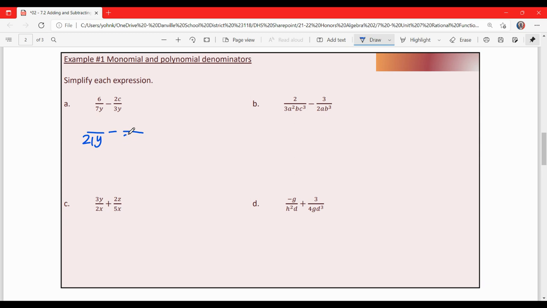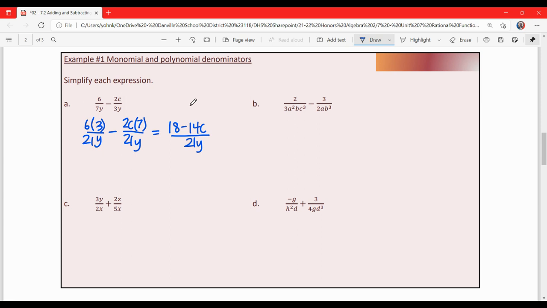That's 21y. So that becomes my common denominator. I'm going to put the 6 there, and then I ask myself, what do I multiply 7y by to get 21y? Well, I need a 3. And then I'm going to put the 2c there, and I'm going to ask myself, okay, I got the y there, but I need 3 times 7 to get 21, so I need to multiply the top by 7. This will give me 18 minus 14c over 21y.